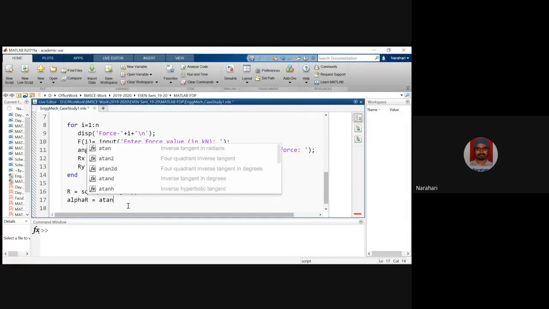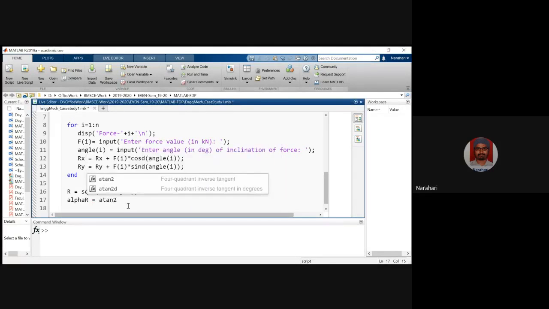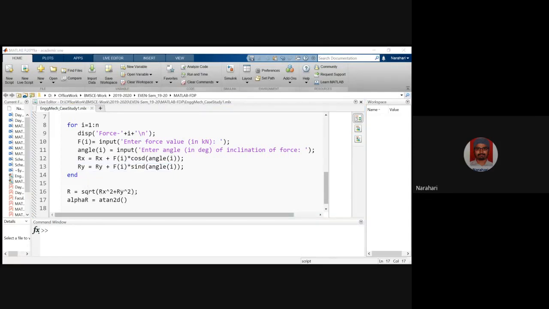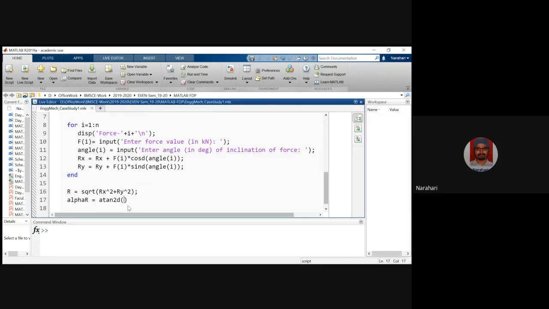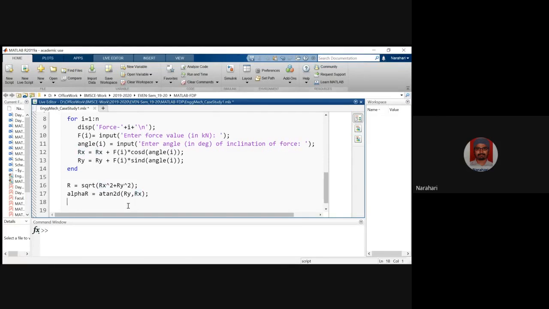Then there is one other function, atan2, which I am not sure whether people have seen. Just to give you the idea of this atan2, I am including it here. I could just use atan itself, but you can explore what this atan2 is.